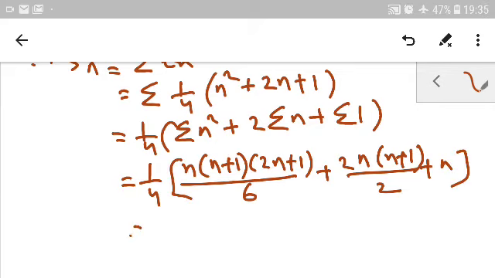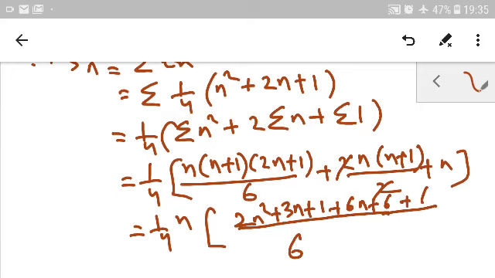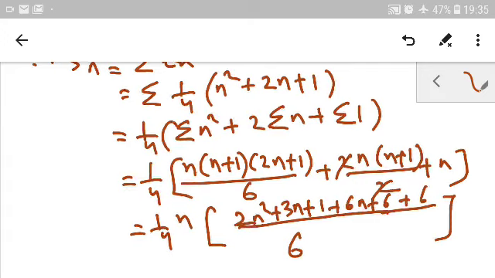So I can take n common over here, 1/4 of n, and I am left with the LCM. 2 and 2 are getting cancelled, this is 6, this is 2n square plus 3n plus 1 plus 6n plus 6 and plus 6.